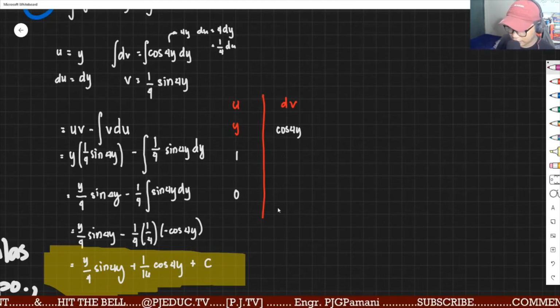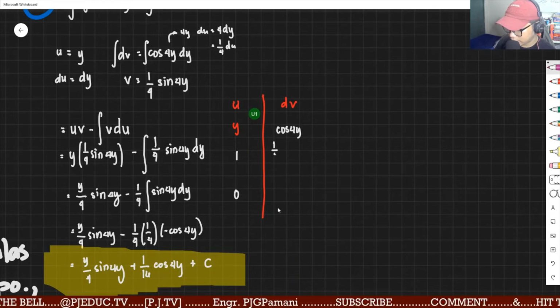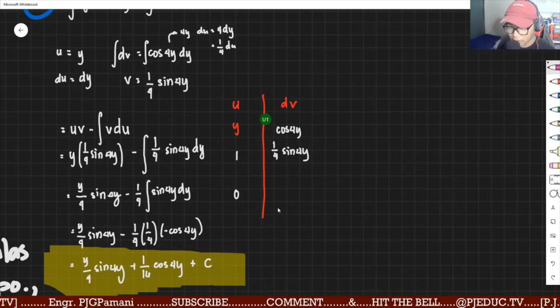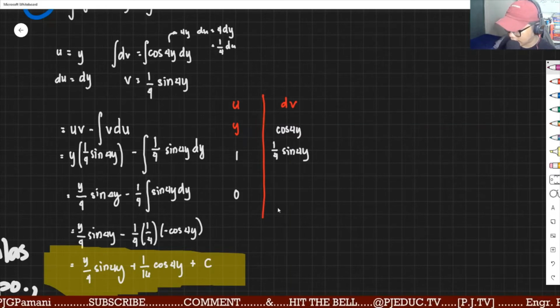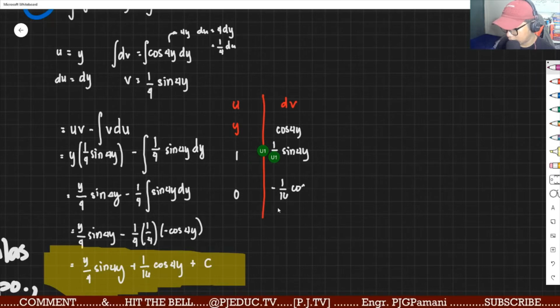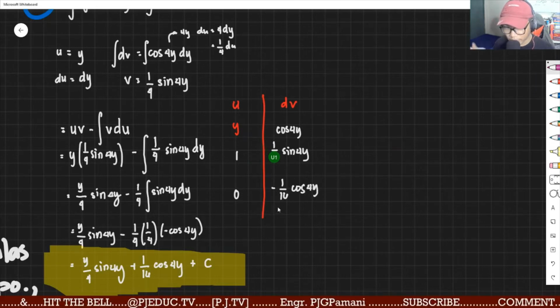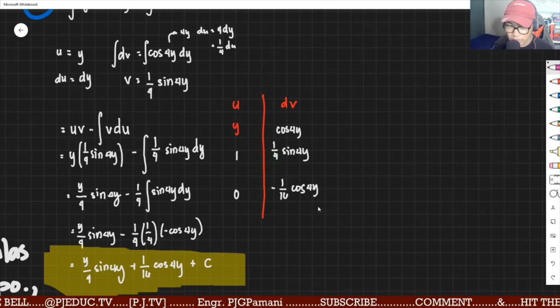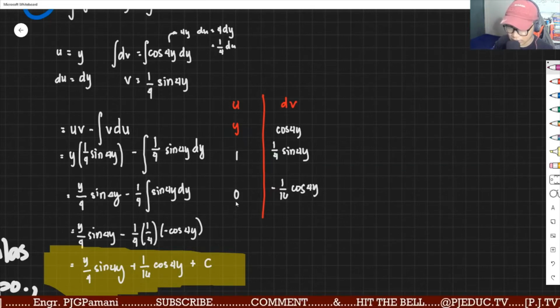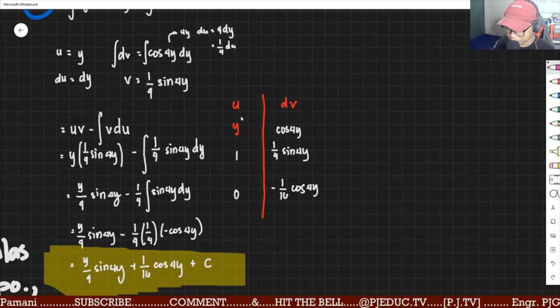Integral of cosine 4y is positive 1/4 sine 4y. And integral of 1/4 sine 4y is simply negative 1/16 cosine 4y. Are we going to end it here? Yan na ba tayo matatapos? Yes, nandun na tayo sa 0 ng function u.